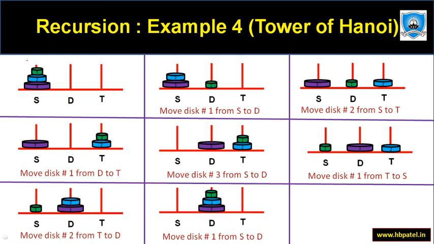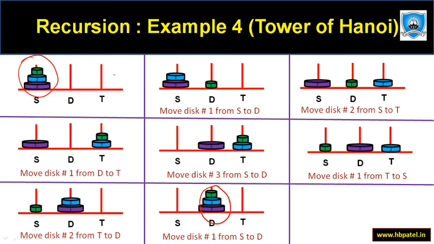So you can see we started from the source pole, and now we ended on the destination. We have not violated any rule, meaning you cannot take the middle disk out, you can always take from the top only, and you cannot put a bigger disk on a smaller one. So we have transferred all.